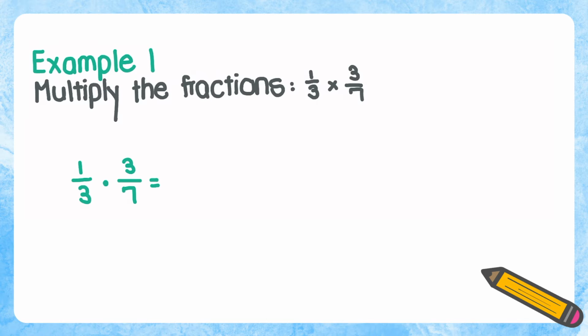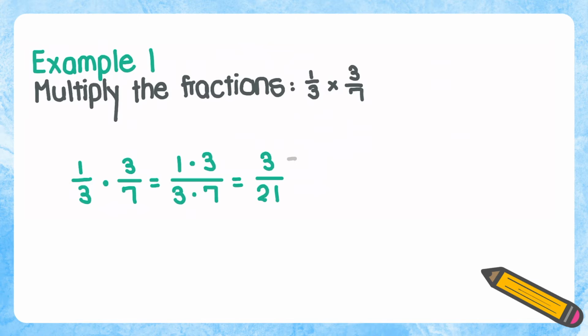First, we're going to multiply the numerators together. So 1 times 3 over, we're going to also multiply the denominators together. So 3 times 7. 1 times 3 equals 3 over 3 times 7 equals 21.